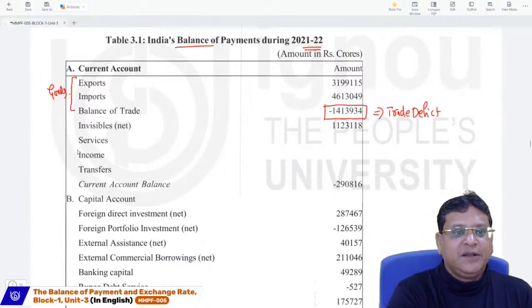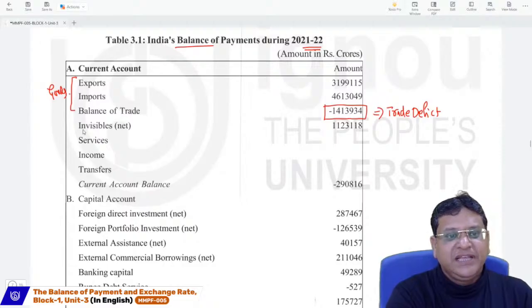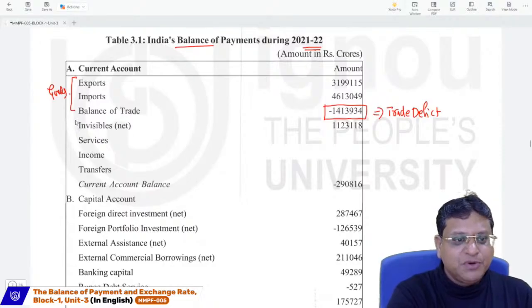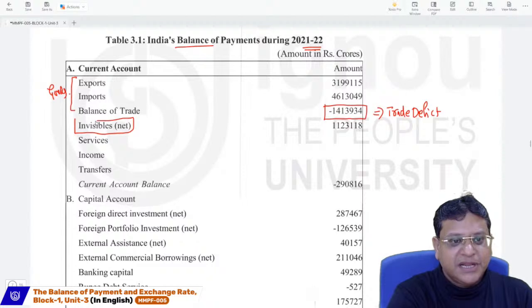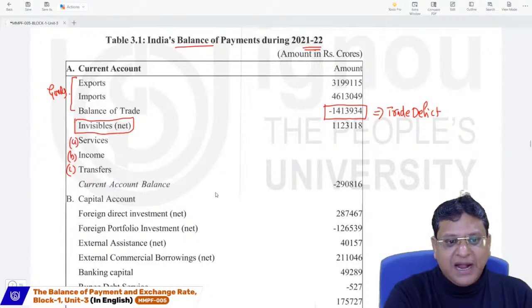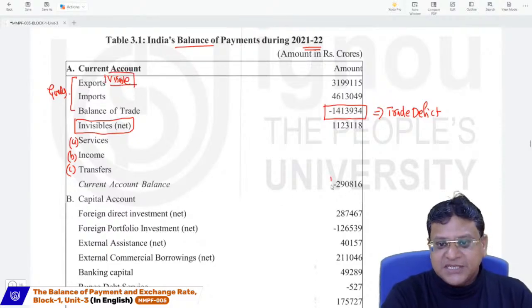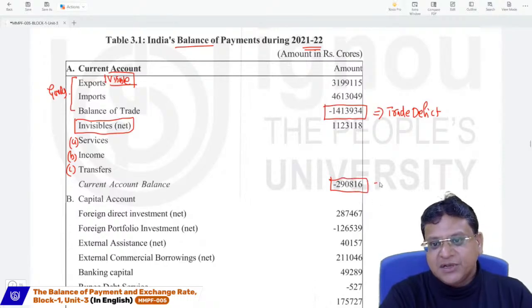Then we have invisibles. Under invisibles, there are three items: services, income, transfers. If we add visibles with invisibles, we will get current account balance. Current account balance is negative. That means it is current account deficit.